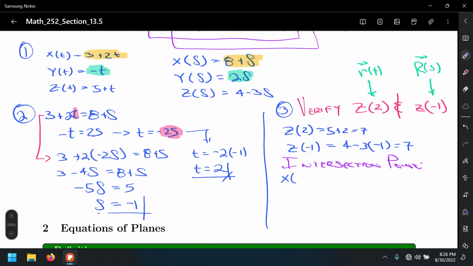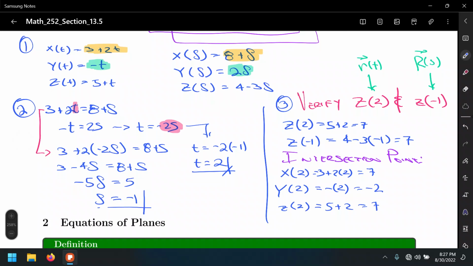So x at 2, that's 3 plus 2 times 2, and y of 2, that's negative 2, and z of 2, that's 5 plus 2, and that's going to give us 7, negative 2, and 7. So the point of intersection is 7, negative 2, 7.